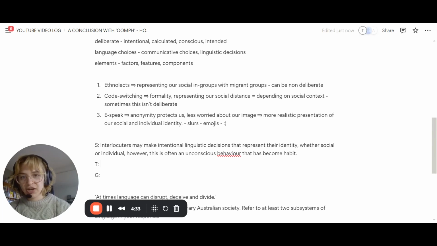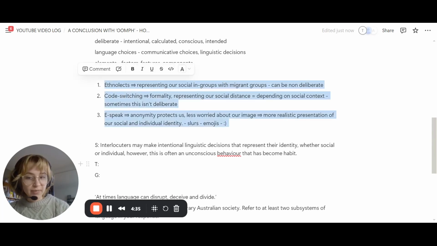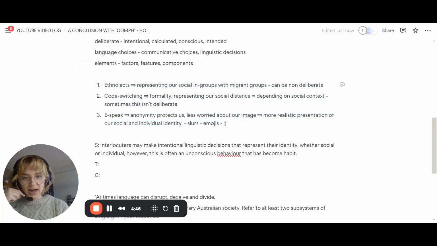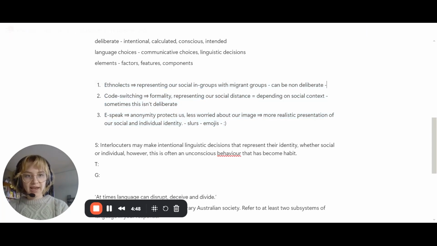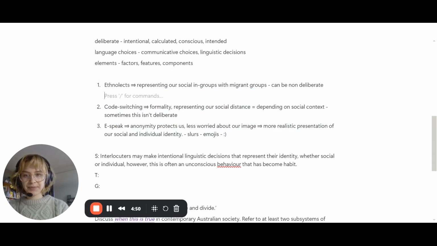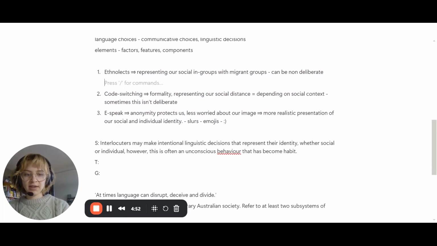Now, we're going to go through and specifically mention each of our examples. What I haven't done is actually written the essay, so we don't have our contemporary examples. But let's say, for example, I've talked about ethnolect, and I might have an anecdote here, and let's say it's Greek Australian English.